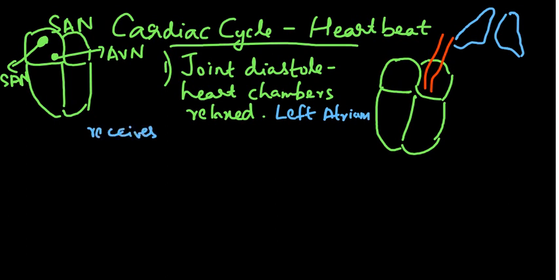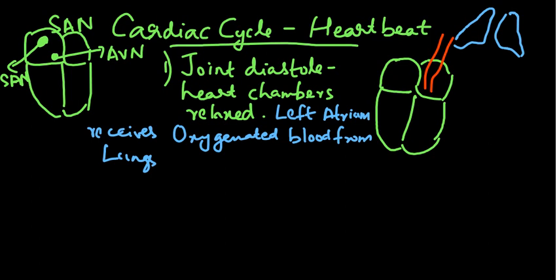Left atrium receives oxygenated blood from lungs, and that comes to the left atrium through the blood vessel, which is pulmonary vein.